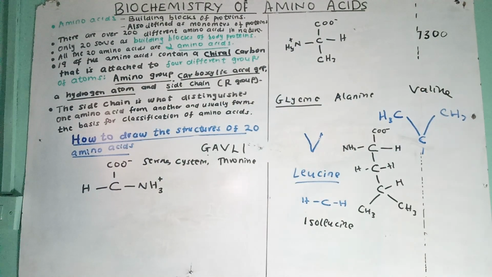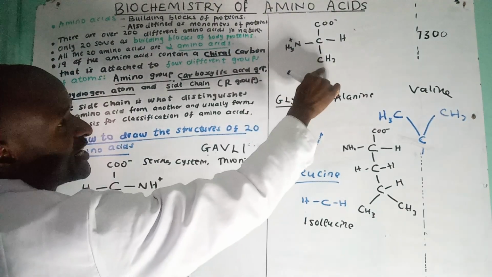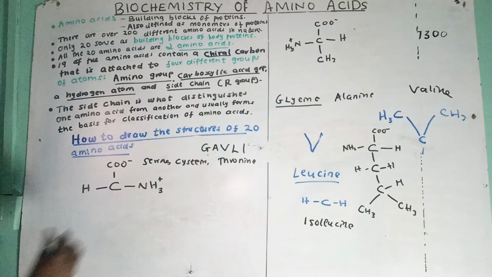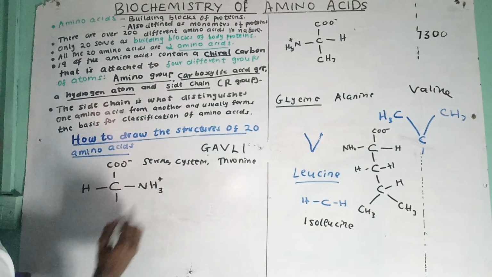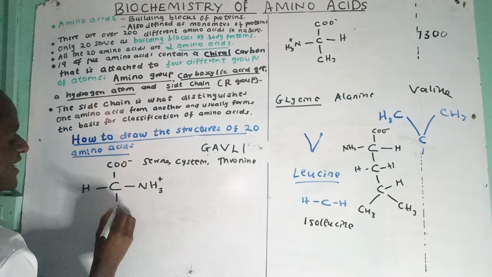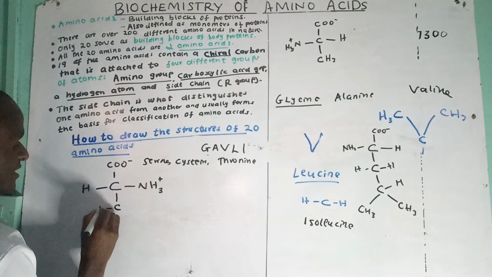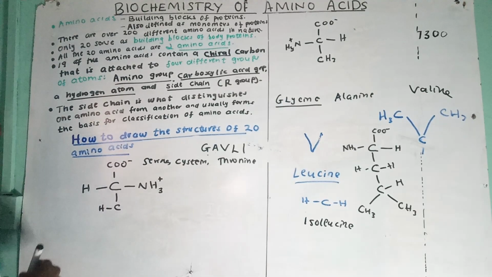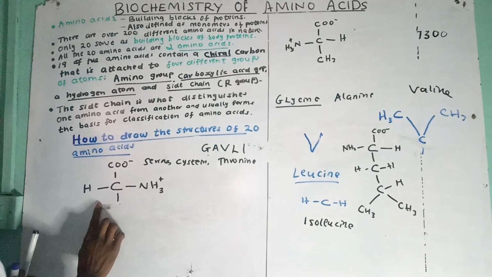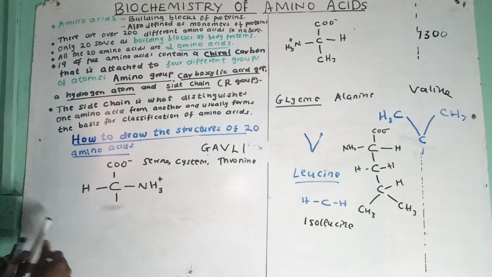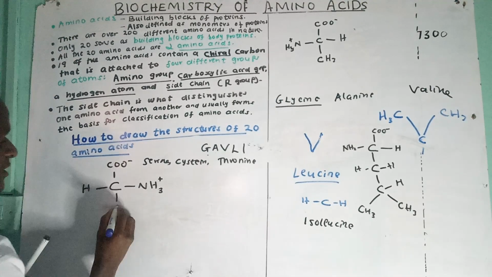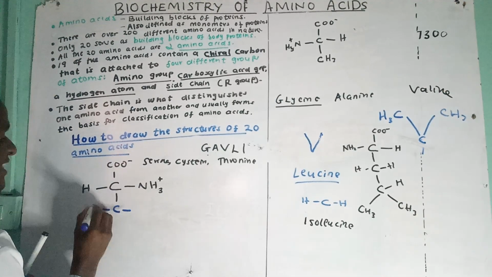Serine has got a hydroxyl group in addition to this methyl group. So to draw serine, I must begin by drawing alanine. Let me use my glue. So we must start by drawing alanine like that.